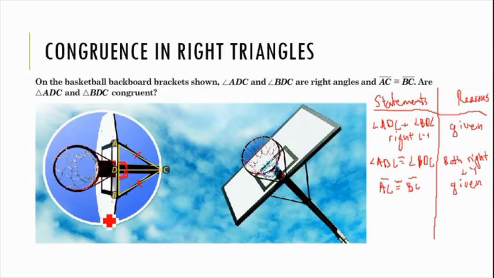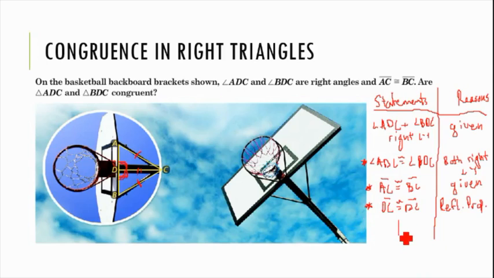And don't forget, we can also say that DC is congruent to DC by the reflexive property. And therefore, I have a leg, I have the hypotenuse, and we know that it is a right triangle because of the two right angles.